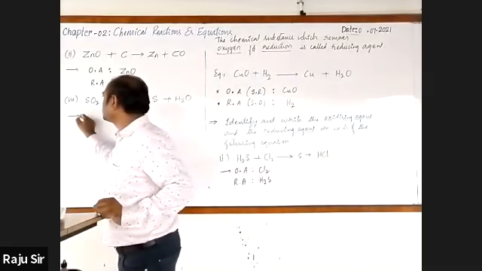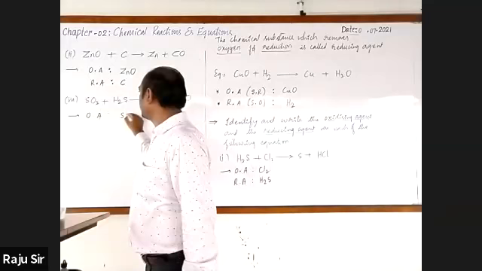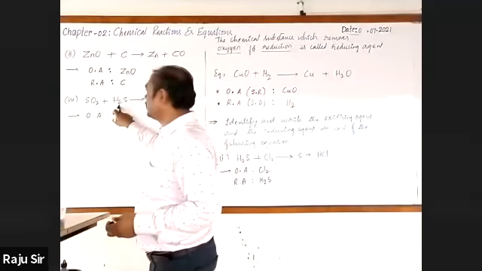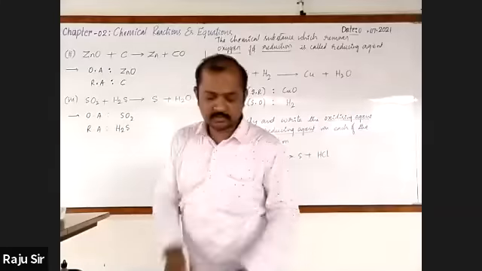The equation is not balanced, I've just taken it directly. Here, which is the oxidizing agent? Sulfur dioxide, SO2, because it has oxygen. Next, H2S has hydrogen. Therefore, it is the reducing agent.